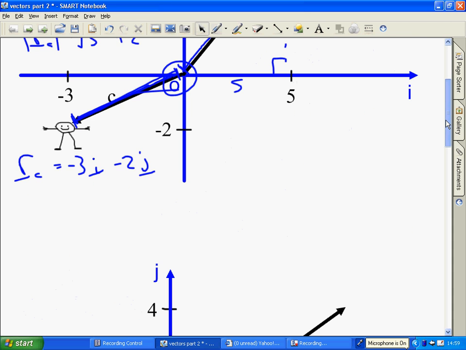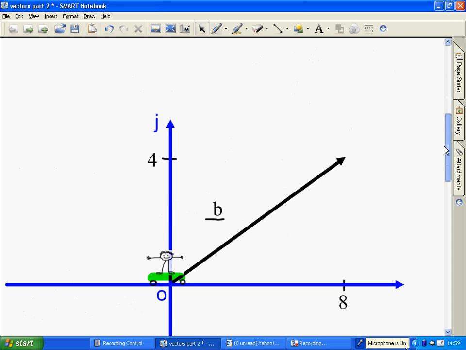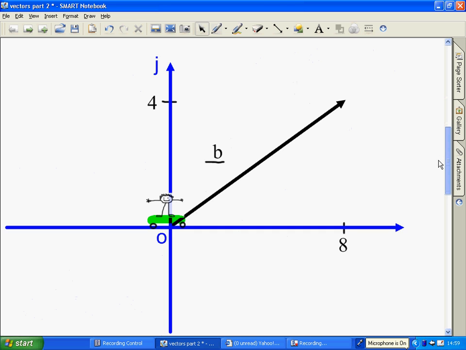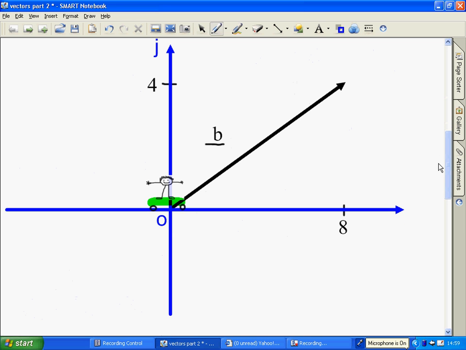Okay, so let's look at the velocity vector now. The velocity vector v is the change in displacement divided by time.